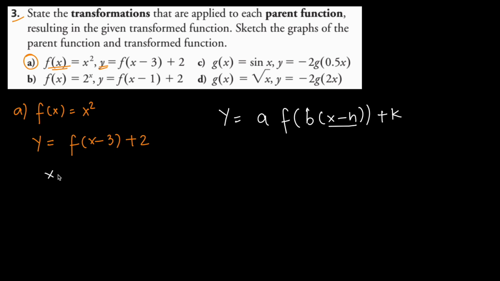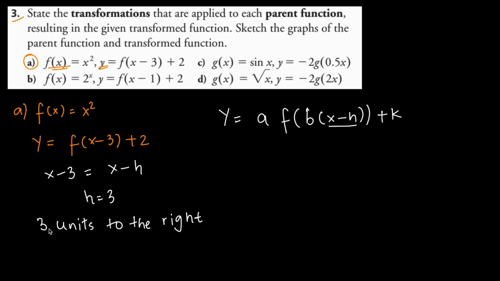That means if I compare x minus 3 with x minus h, the value of h is 3, which is a positive value. Since it is a positive value, I know that my graph has moved 3 units to the right. This is the first transformation that has been applied to my transformed graph.